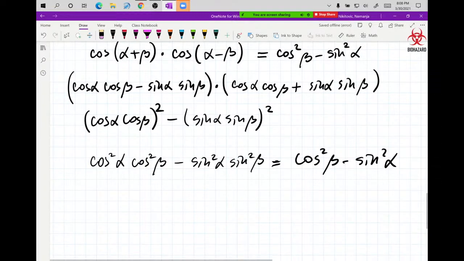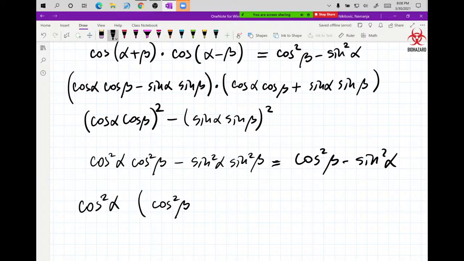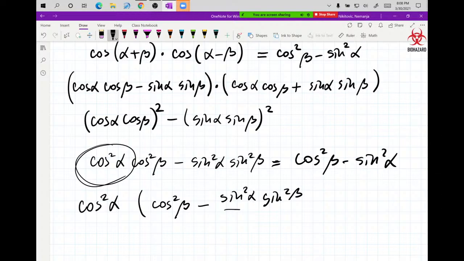I know. Let's see what we get. So if I factor out cosine squared alpha, because I want to get rid of it, this stays as cosine squared beta, minus, since I didn't have this term in the second parenthesis, I will just get that over cosine squared alpha.